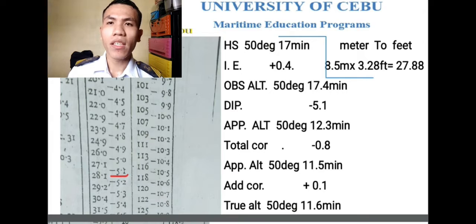As we can see in the nautical almanac, 27.88 has an equivalent of 5.1, DIP minus 5.1. So observed altitude minus the height of the eye correction equals 50 degrees 12.3 minutes, our apparent altitude.